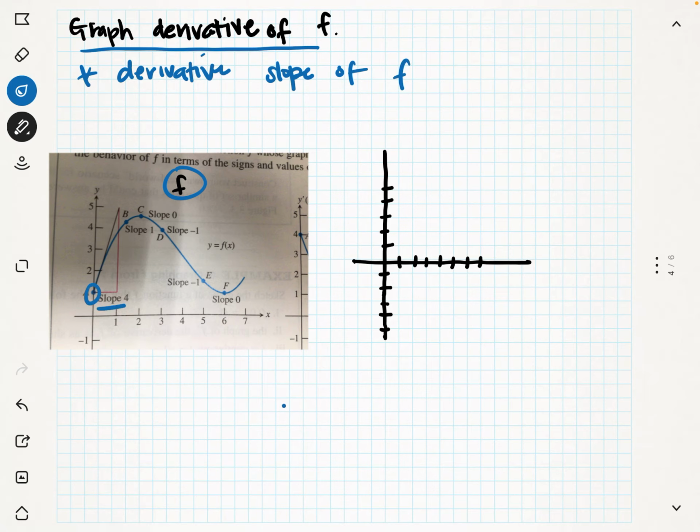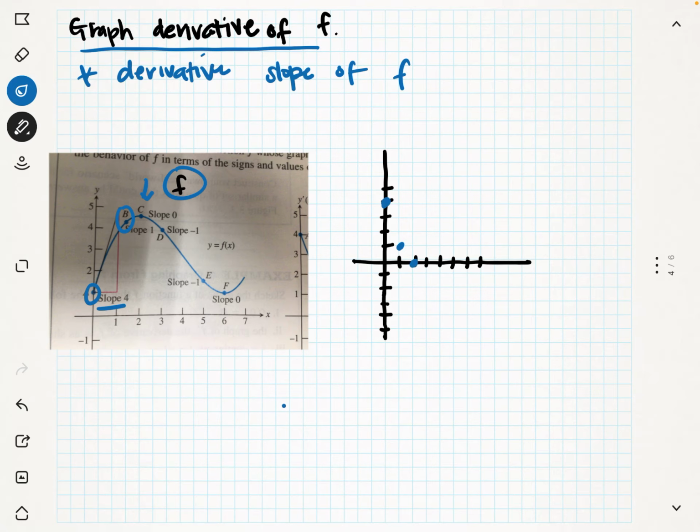So at 0 we're at 1, 2, 3, 4. We're just going to plot that. At point B, which is at 1, our slope is 1. So we're going to plot that. At point C, the slope is 0. And that's at 2. So at 2, our slope is 0.